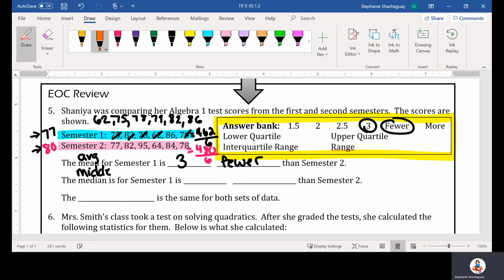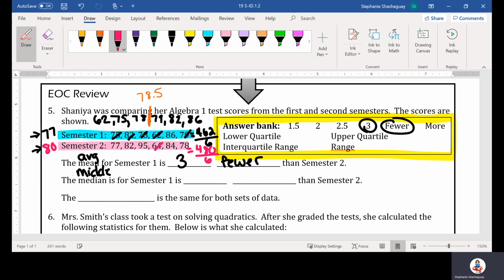To find the middle, it's going to be right there. So between 78 and 79 is going to be 78.5. And then I need to find the middle of my semester 2 data.